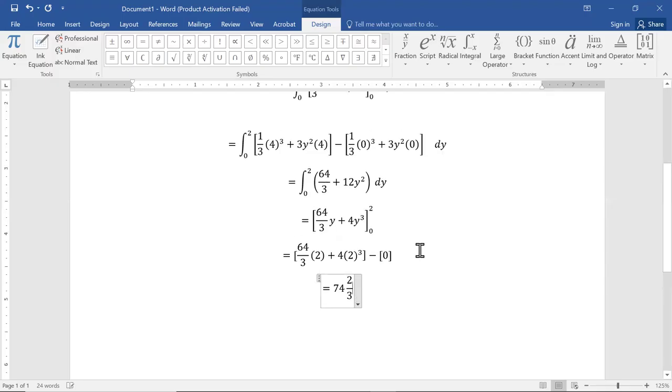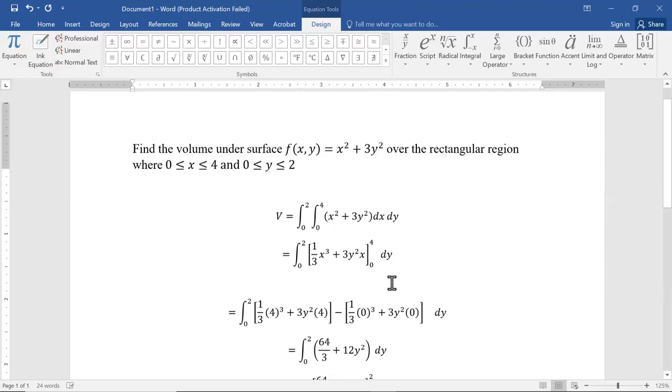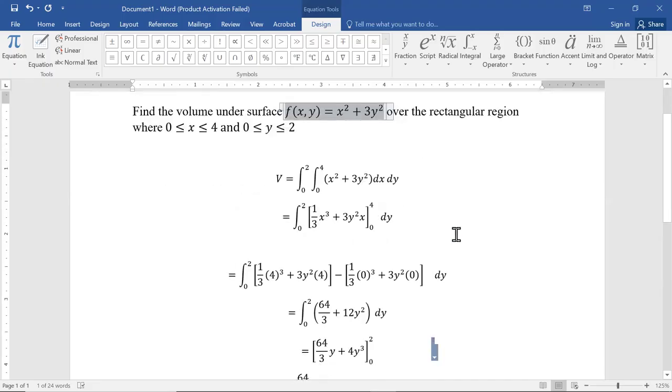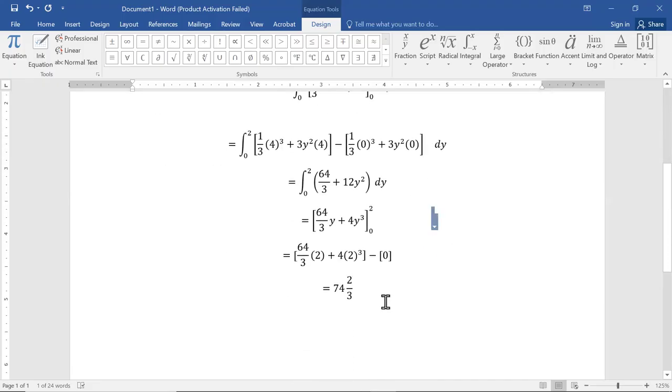And that tells me that the value under this surface over this rectangular region is 74 2/3.